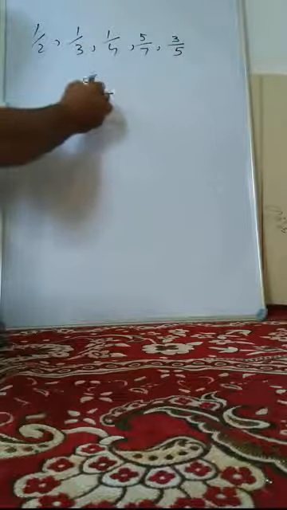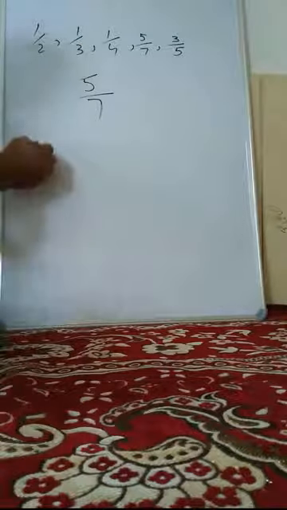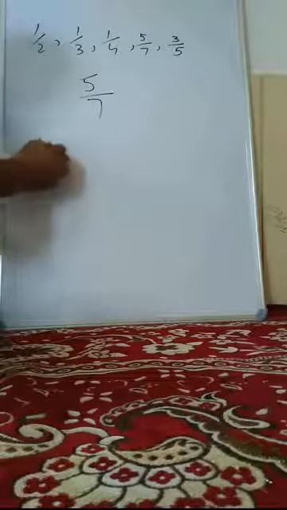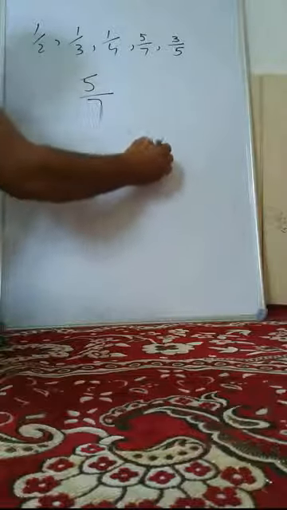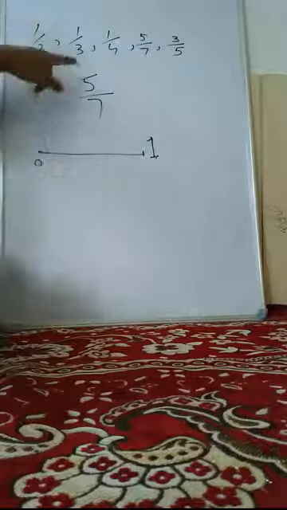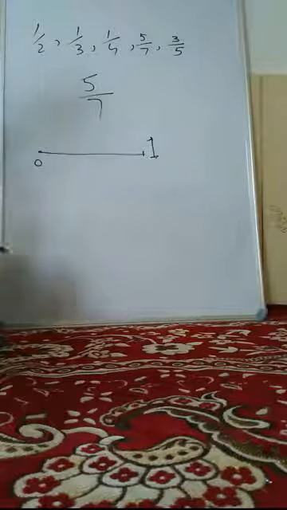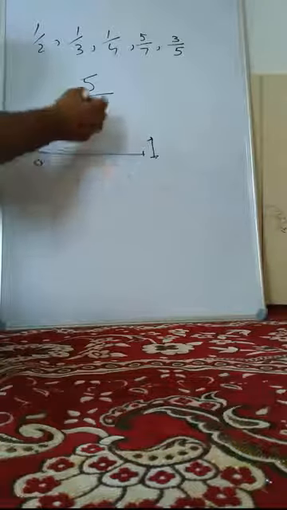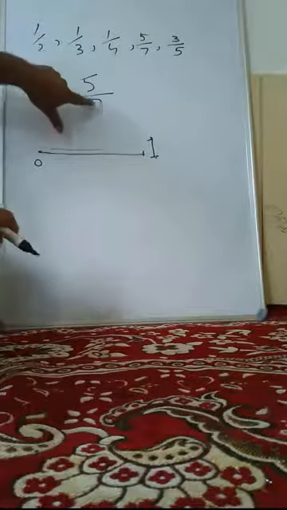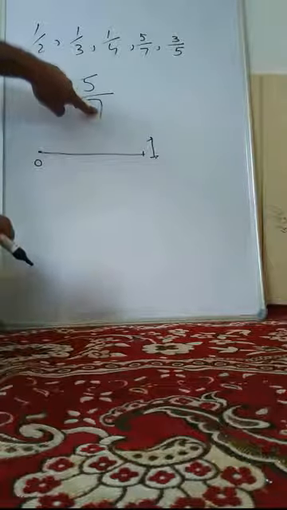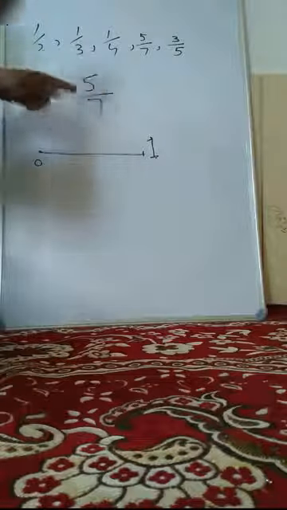Let's plot 5 by 7 on a number line. It lies between 0 and 1. What we have to do is divide it into 7 equal parts because the denominator is 7. We have to look at the denominator.